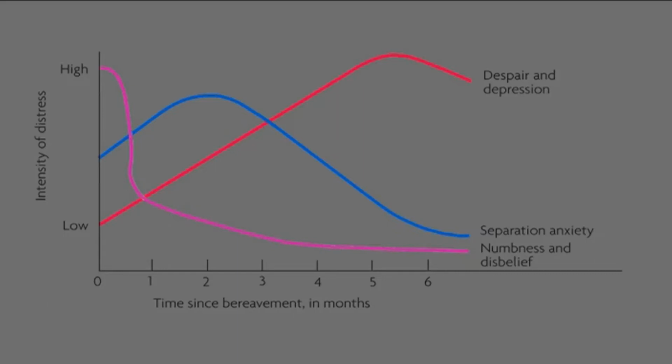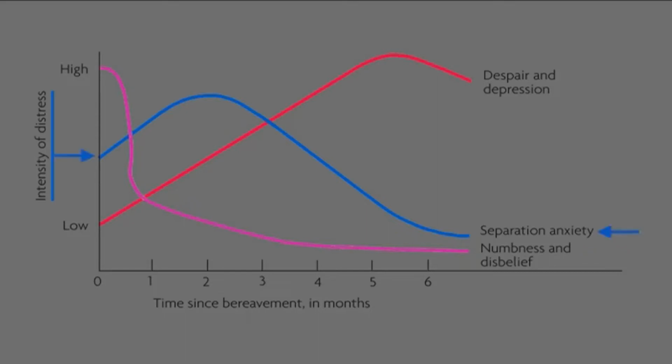So, in this figurative representation, you can see that the intensity of distress is highest when the grief response is numbness and disbelief, and this numbness and disbelief initially is high, but the distress gradually decreases to a point when it is very less.